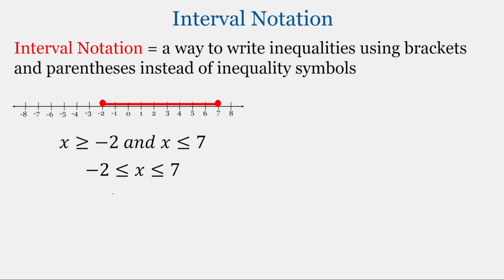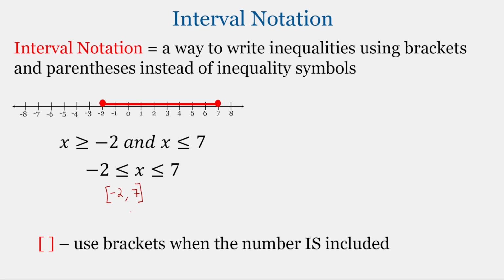Our left boundary is negative 2, and since this is less than or equal to, negative 2 is included, so we're going to use these square brackets. Then we'll place a comma. Our right boundary is the number 7, and it's also included, so we'll use another square bracket.